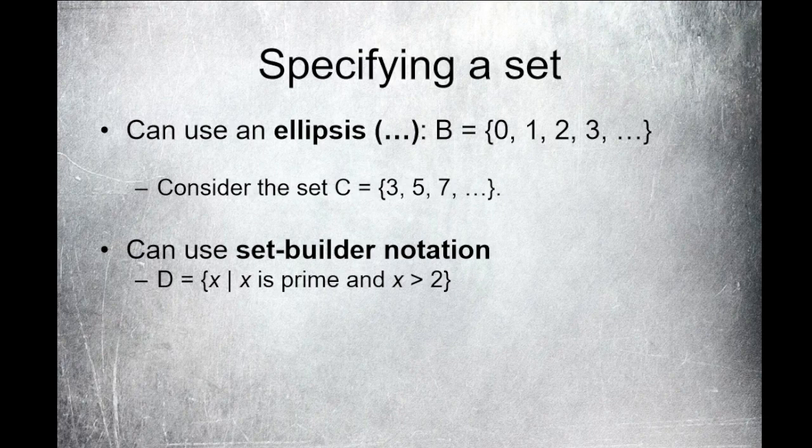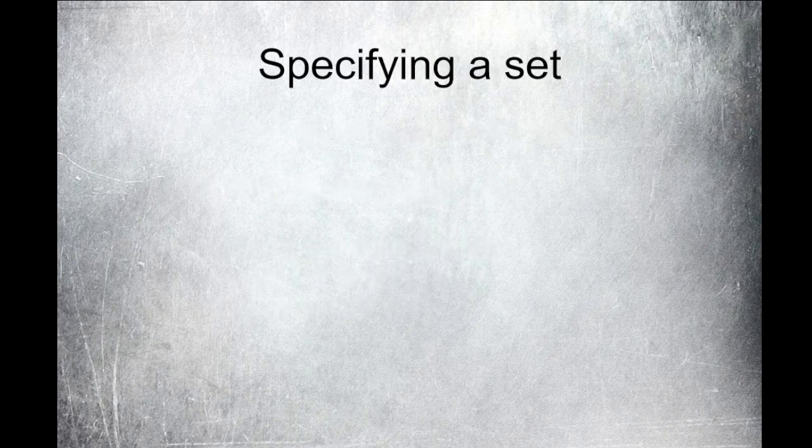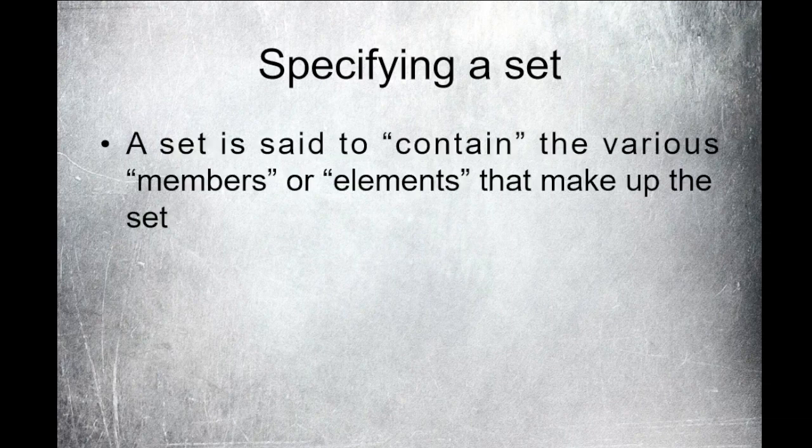So it is the set of x such that x is a prime number and x is also greater than 2. Or it can be another case, x is odd and x is greater than 2. Likewise, there are certain cases also.